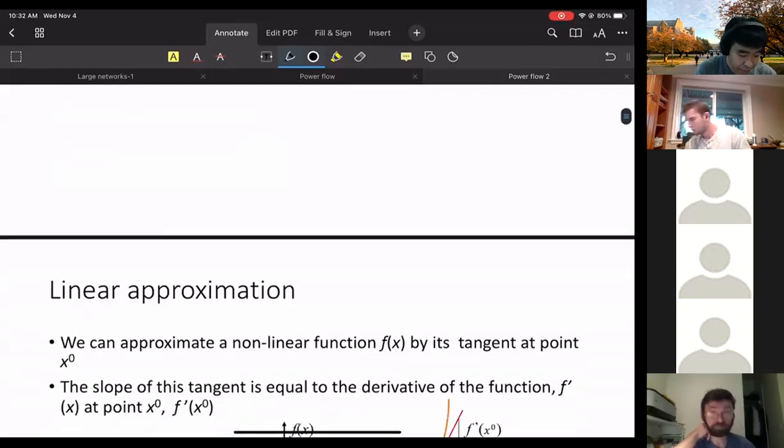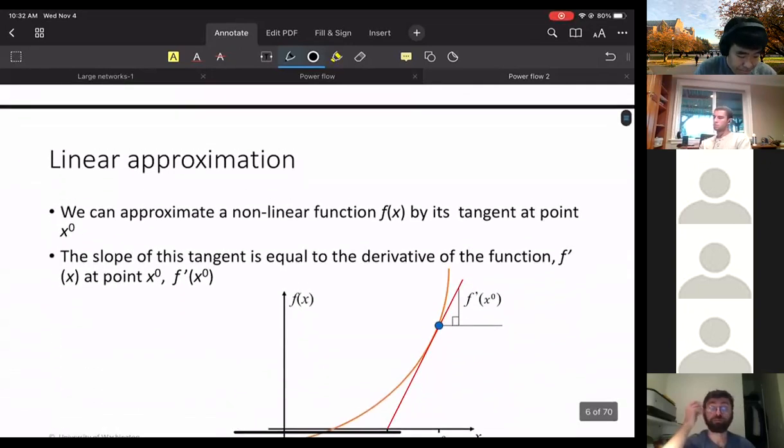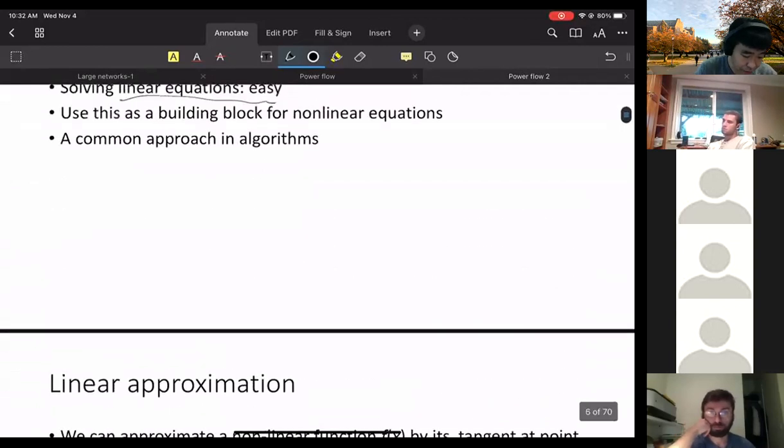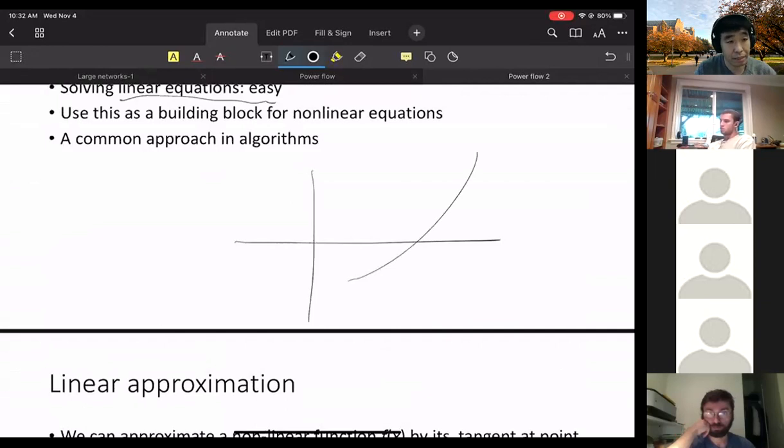So if you look at a linear approximation, let's say I have a nonlinear equation. The first step is, let's say, I guess x0. Let's say I start at some x0, I guess the value of this x0. And obviously, f of x0 is not equal to 0, right? There's some value that doesn't cross the x-axis here.